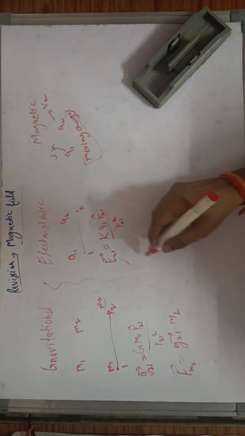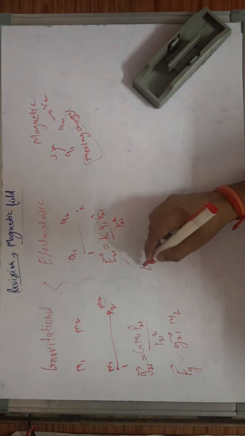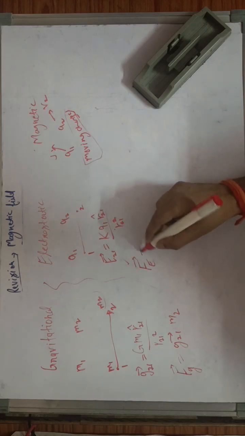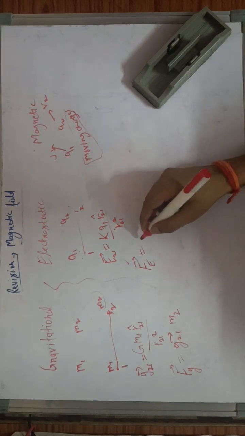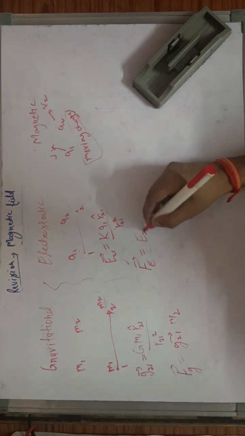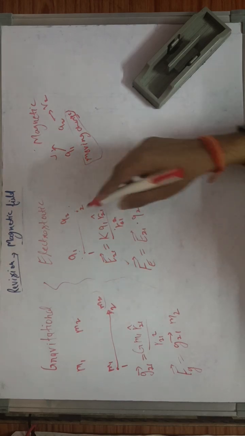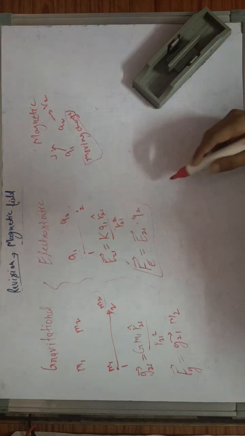This is called gravitational force. And in case of electric field, there is some electric force applied on this charge q2 due to the field of q1 at this point, which is given by the field E21 at this point multiplied by the charge q2 on which we want to calculate the force.